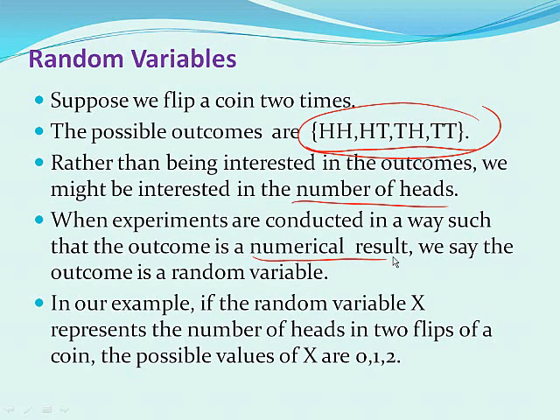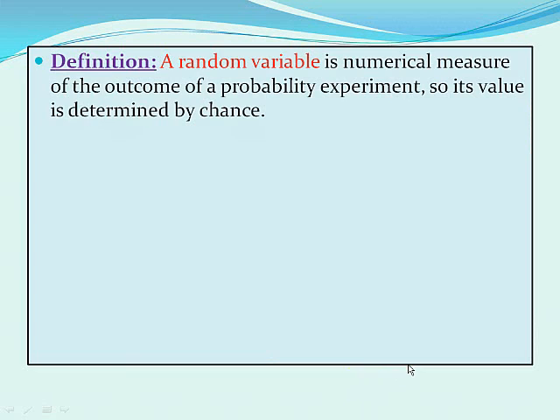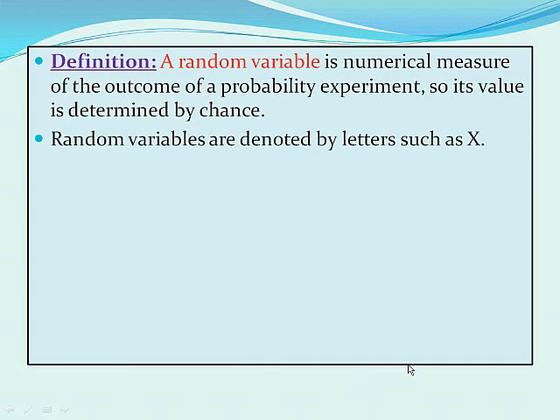In our example, if the random variable x represents the number of heads in 2 flips of a coin, the possible values of x are 0, 1 and 2. A random variable is a numerical measure of the outcome of a probability experiment, so its value is determined by chance. Random variables are denoted by letters such as x.